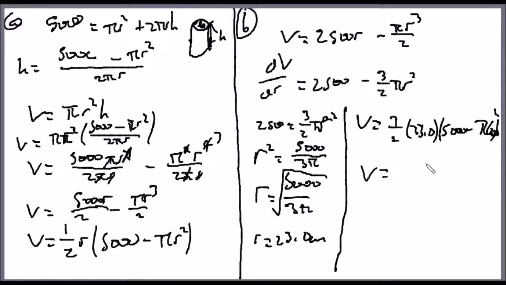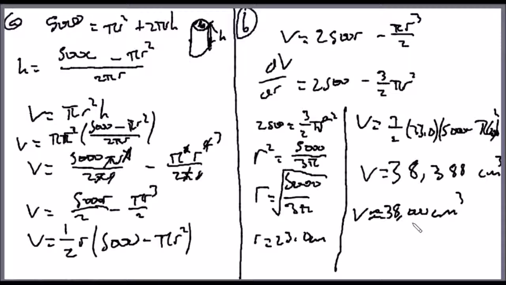And so let's just calculate that. Okay, so the volume here is 38,388 centimeters cubed, always include your units. So that's approximately 38,000 centimeters cubed, and that's the maximum volume.